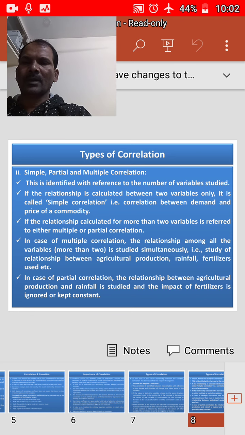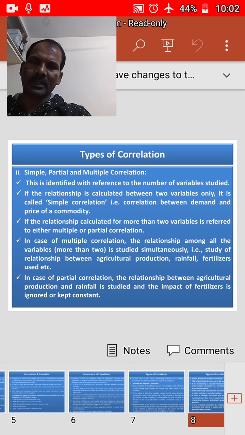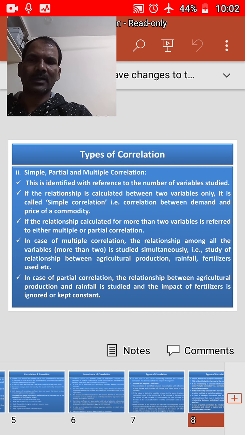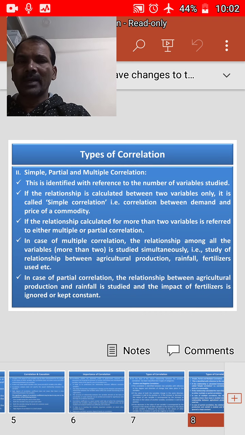That is the study of the relationship between agricultural production, rainfall, fertilizers, etc. On the other hand, in partial correlation, the relationship between agricultural production and rainfall is studied, and the impact of fertilizer is ignored or kept constant.